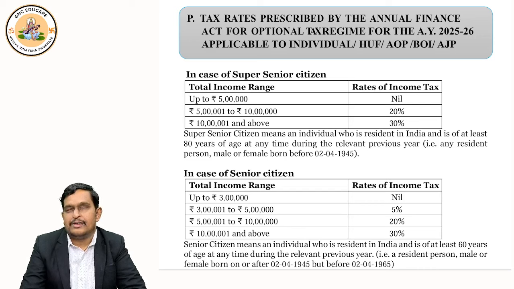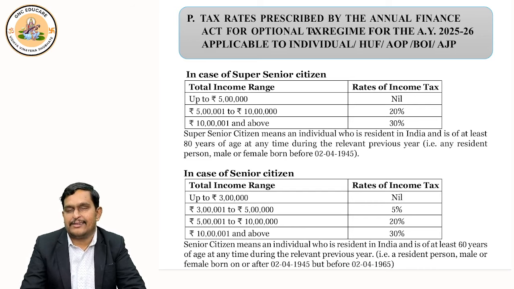So up to 5 lakhs, no tax. 5 lakhs to 10 lakhs, 20%, we got 1 lakh. 10 lakhs to 12 lakhs, 30%, we got 60,000. 0 plus 1 lakh plus 60,000 will come to 1 lakh 60,000 rupees. So this way you have to calculate the tax.